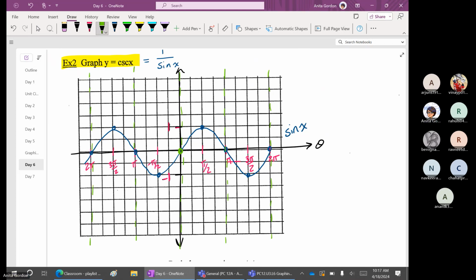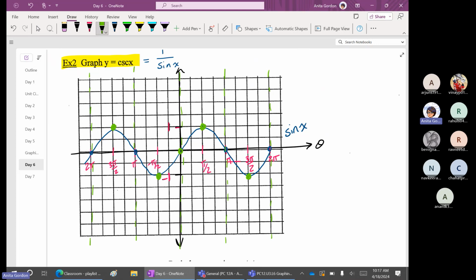Okay. Can we divide by 1? What is 1 divided by 1? 1. So what about negative 1? What's 1 divided by negative 1? Also negative 1. Okay, so these points are all the same.